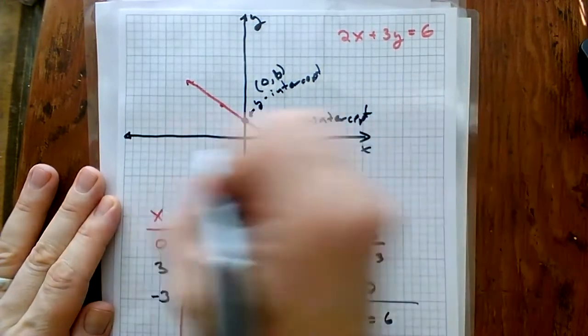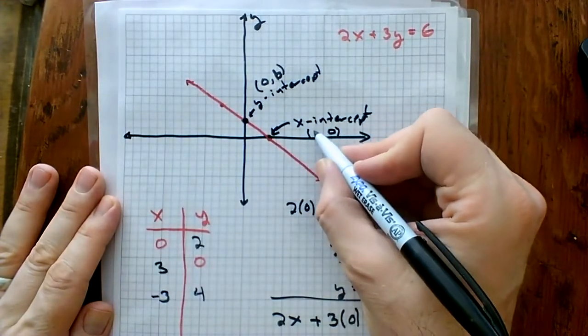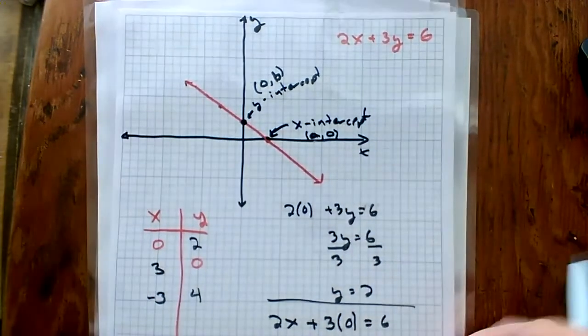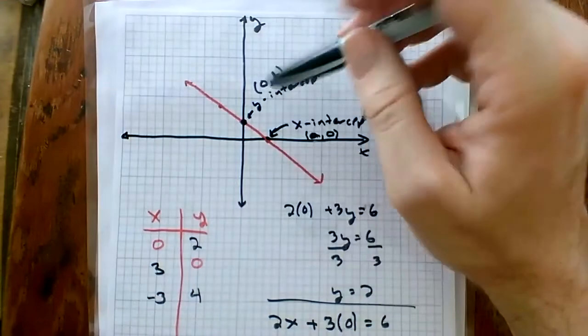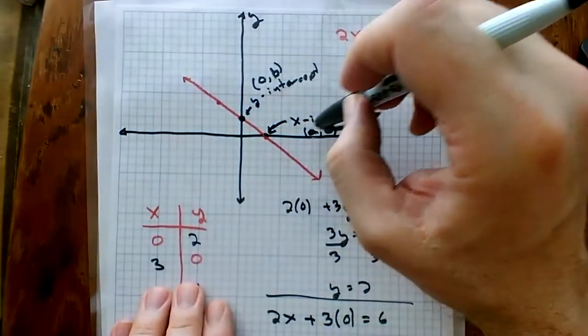And everywhere on that x-axis, y is equal to 0. So we'll have A, 0. In this case, this was 0, 2, and this was 3, 0.